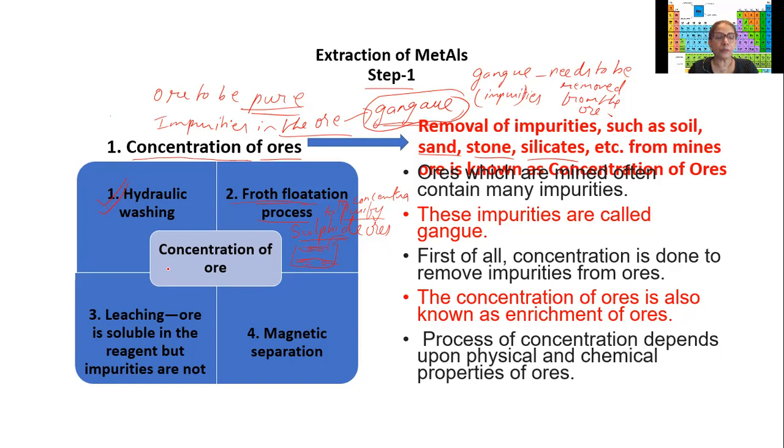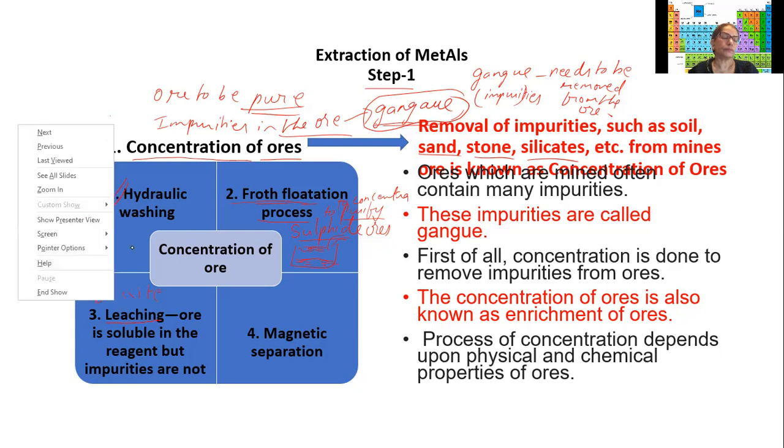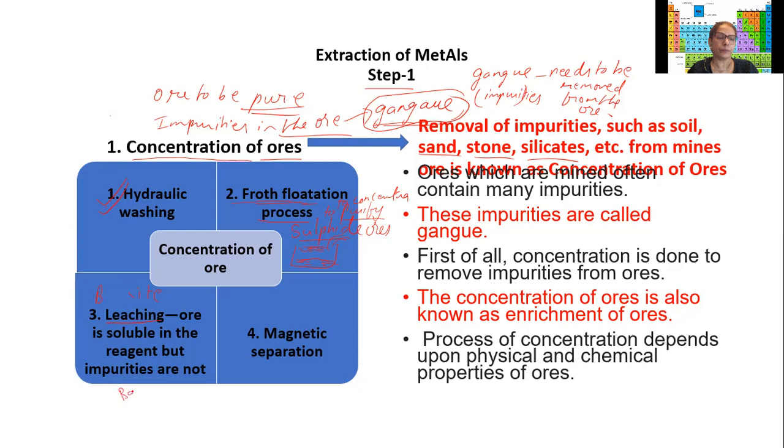Okay. Then the third procedure is leaching. Leaching is used when the ore is soluble in a reagent. This is generally used for the bauxite ore, which we have seen, the aluminium ore. The bauxite ore is Al2O3.2H2O.